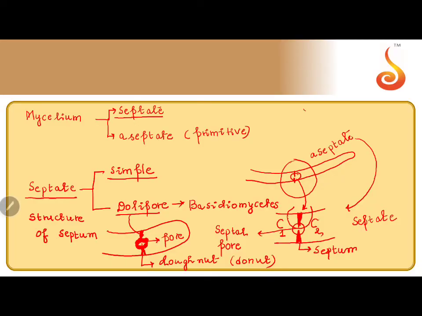So sometimes we see, if this is the mycelium and I had a Dolipore septum here and something happened to the fungus and this much mycelium is broken. So what happens when this is broken? Whatever protoplasm is on this side will start leaking from this point, correct?